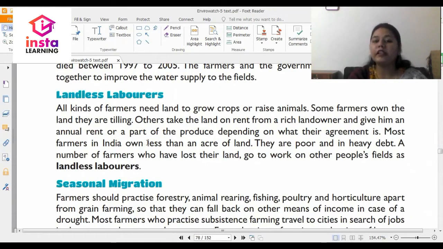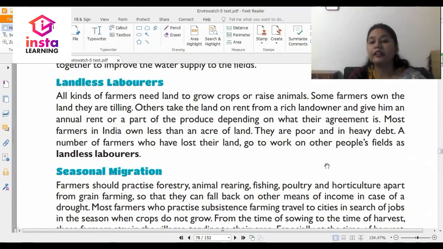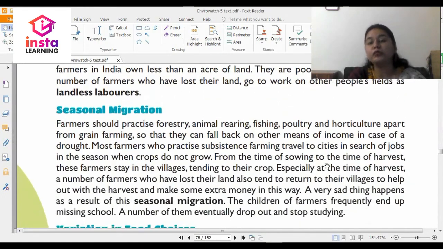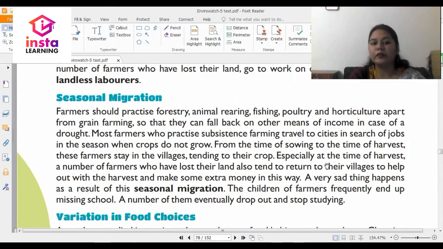Most farmers in India own less than an acre of land because they are poor. A number of farmers who have lost their land go to work on other people's land, and these farmers who do not have land of their own and are working on someone else's farm are called landless laborers.